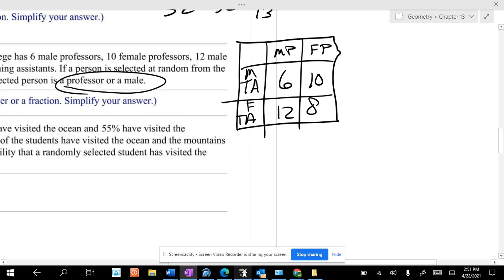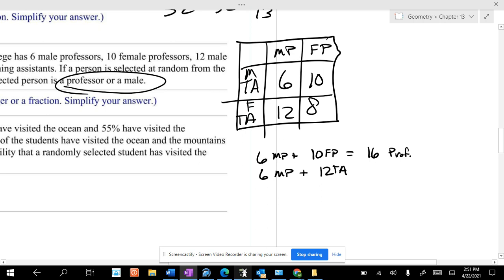Well, for the professors, there's 6 male professors plus 10 female professors, which is 16 professors. And then males, well, there are 6 male professors and, okay, how did I do this? 12 male teaching assistants.